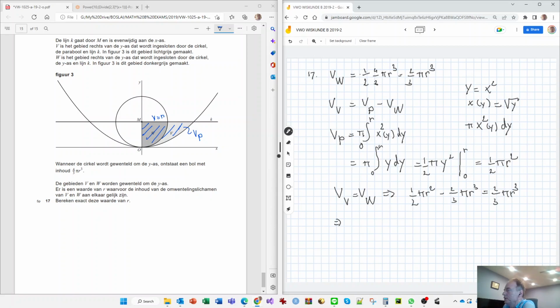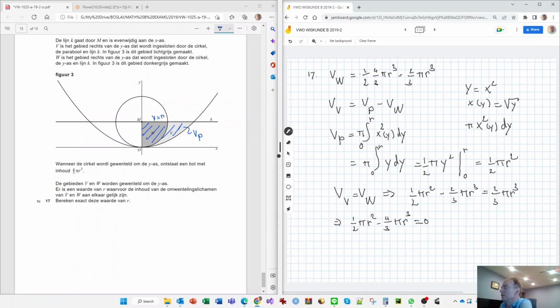So let's just combine like terms. So I get r squared, bring this to the left, get a minus 4/3 pi r cubed equals 0.